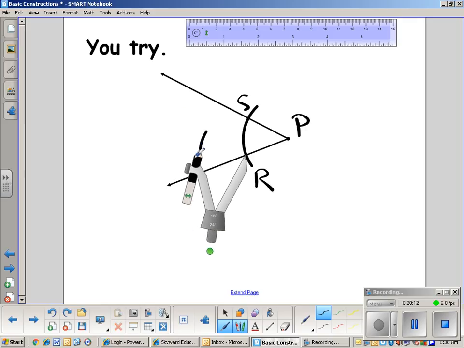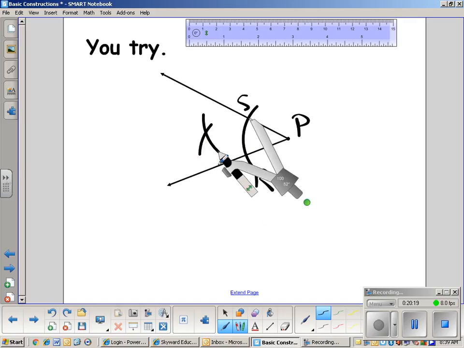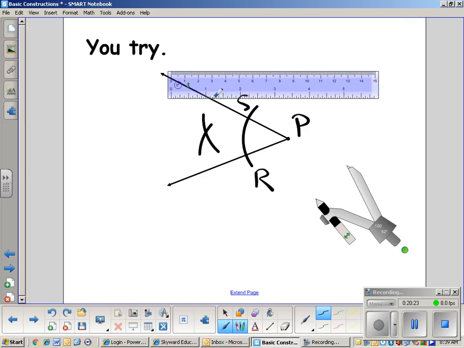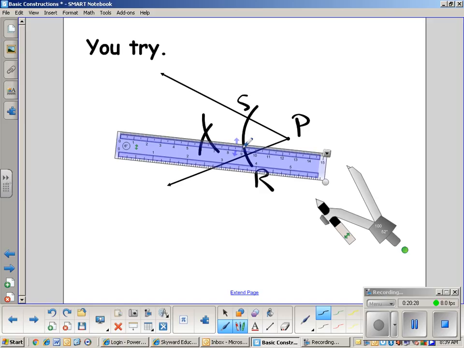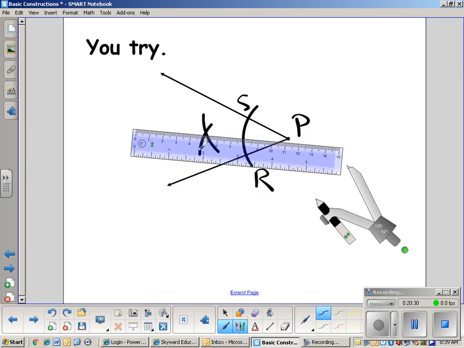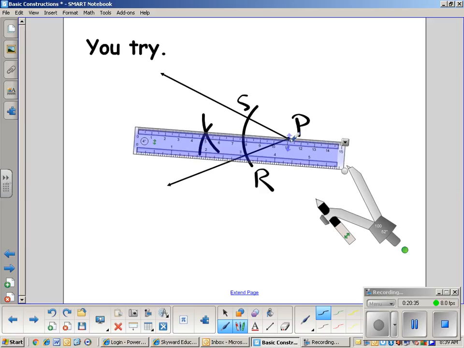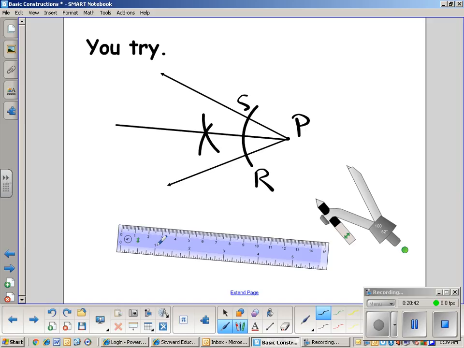And then draw an arc out in the middle, from R and from S. Okay? And I'm going to put my ruler on here. Draw my line. Easy peasy. You like that?